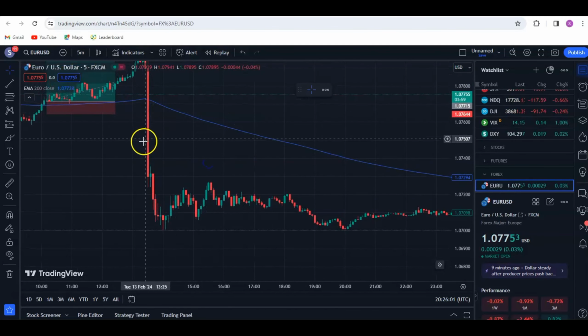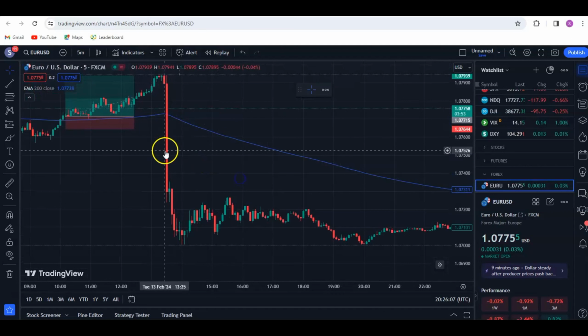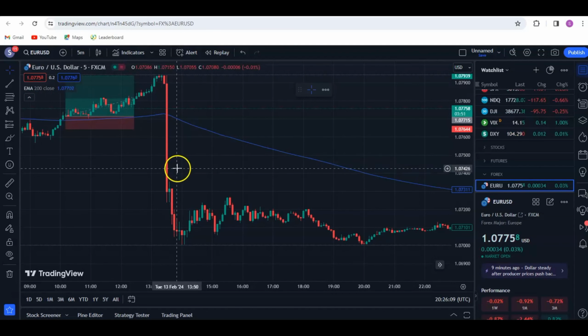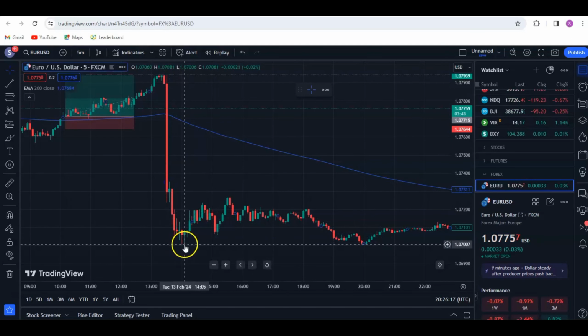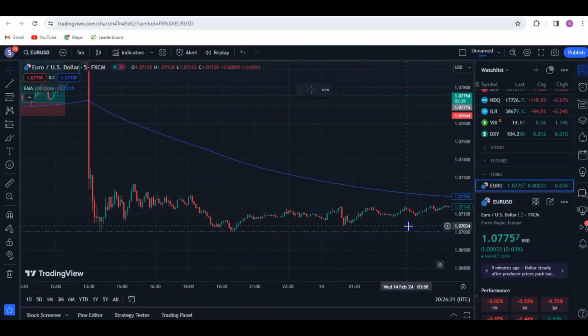So this candle is enough indicator to tell us that this time the sellers are selling. If you want to enter the market, you can enter after the end of this candle. You can enter the market at this point right now, and you can take your profit at this point right there. So these are ways you can.